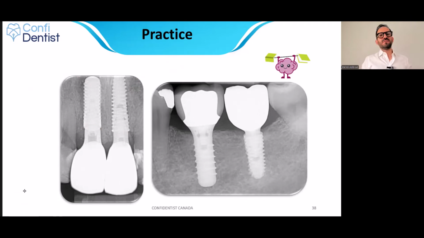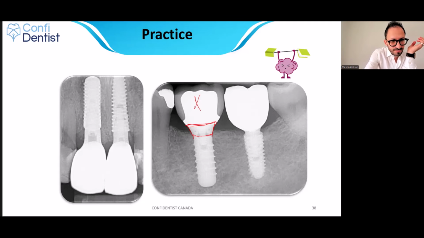Take a look at this final X-ray, very nice X-ray. This is a patient of mine. He had placed this implant probably 20 years ago at site, I don't know, 3.6 maybe, yeah. And I just placed a 3.7 for him. And look at this design. Look at this nice emergence that I see. So this is my prosthetic platform.